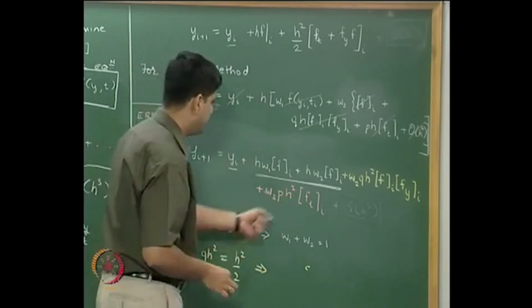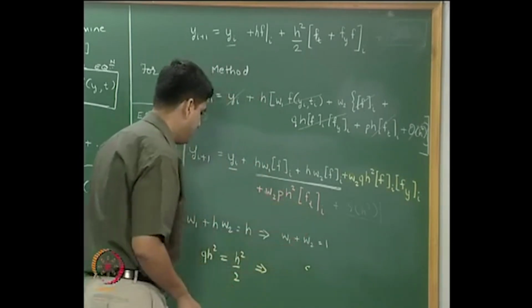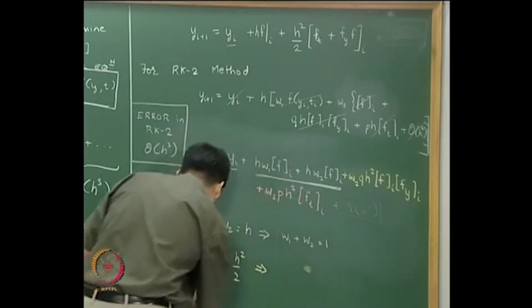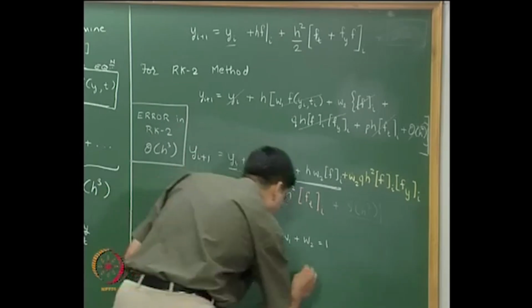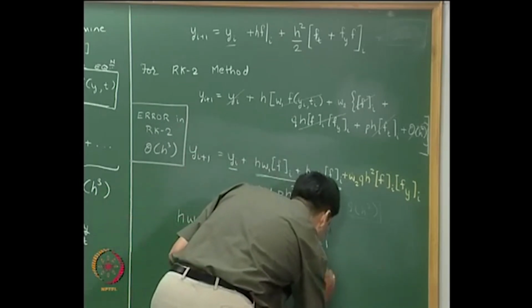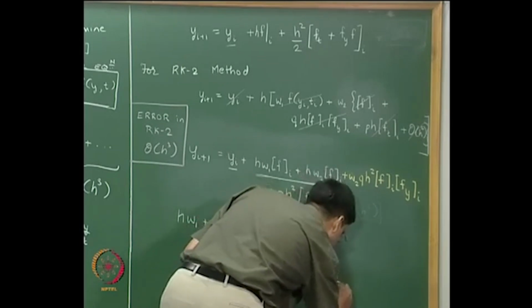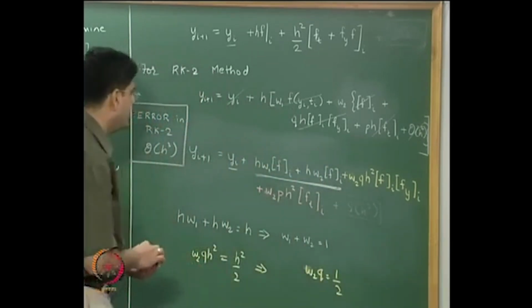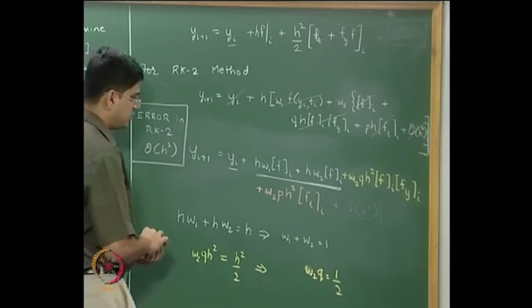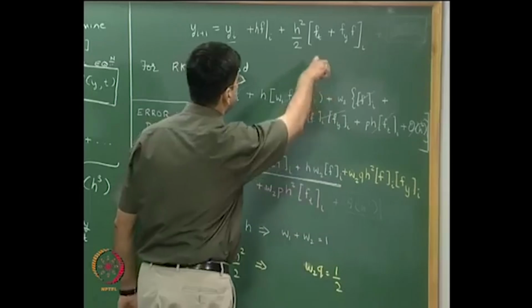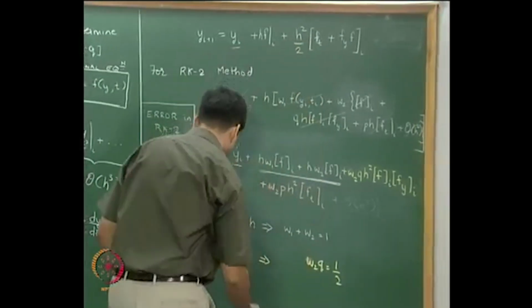W2 multiplied by p h squared multiplied by ft. So the next equation that we are going to get over here is going to be W2q equal to 1 by 2. Okay, and the third expression that we are going to get is W2p h squared is going to be equal to h squared by 2.